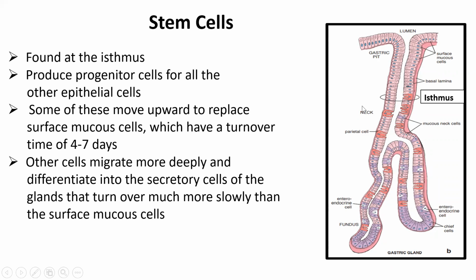So they will probably go up most of the time because these are cells that need replacement more frequently. Parietal cells, 150 days, the same. Chief cells, like 60 to 90 days, and they are in the lower bottom. So you'll find most of this traffic is going to go up, not really down. Other cells, as I said, migrate deeply to differentiate into the secretory cells of the gland and so on.